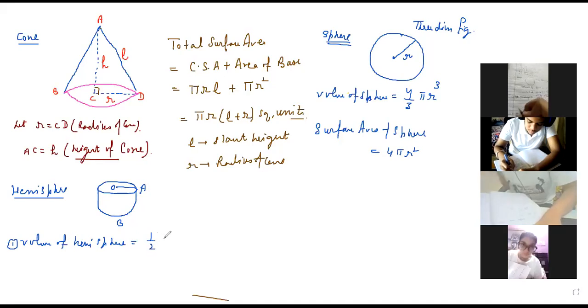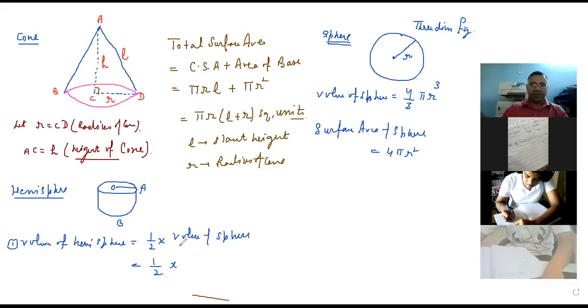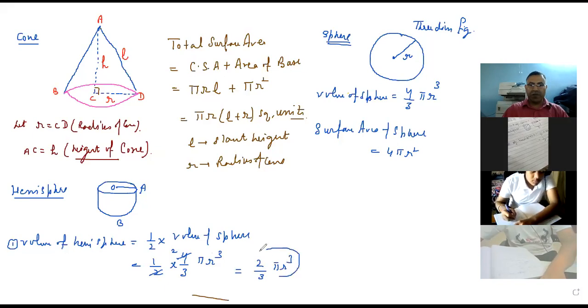Volume of hemisphere is 1 by 2 of the volume of sphere. Volume of a sphere is 4 by 3 pi r cube, so it is equal to 2 by 3 pi r cube. This is the volume of hemisphere.